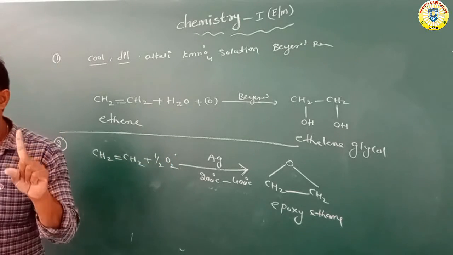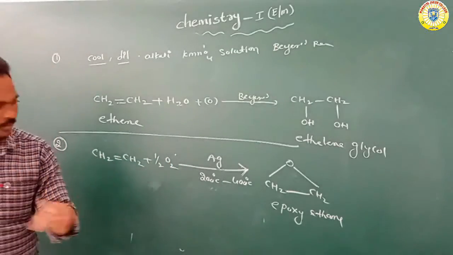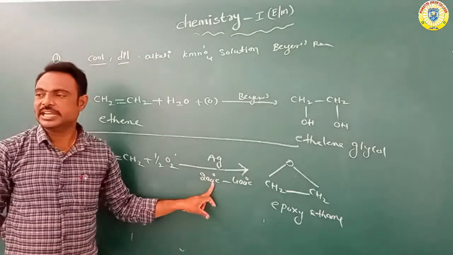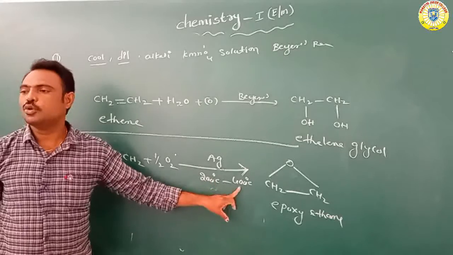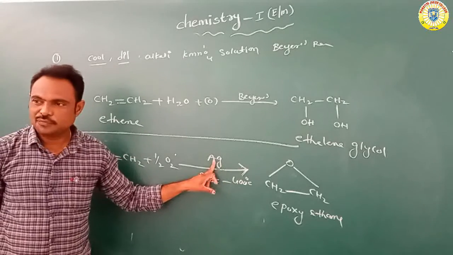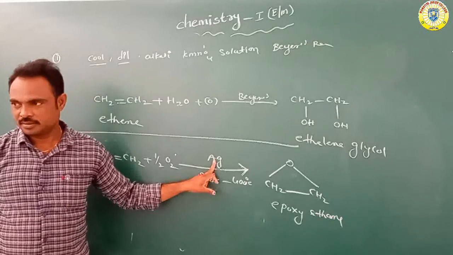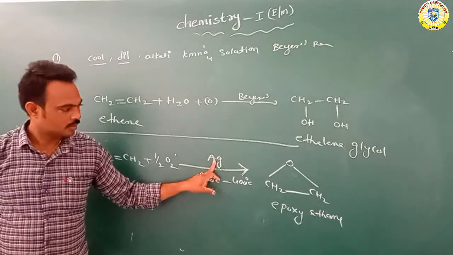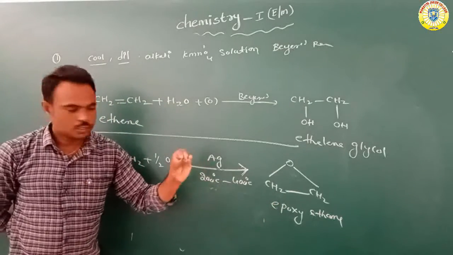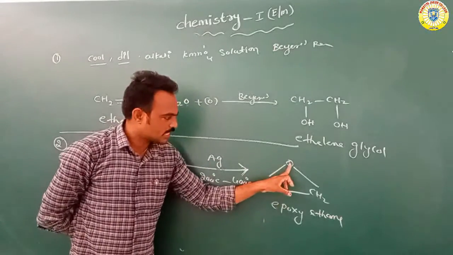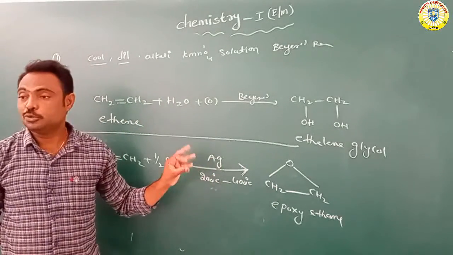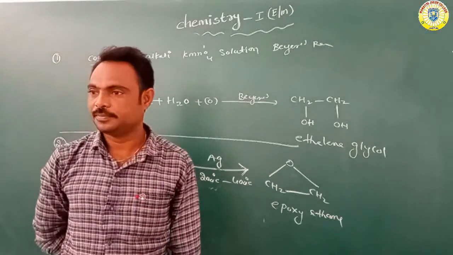Ethylene reacts with oxygen at 200 degrees centigrade to 400 degrees centigrade in the presence of silver to form epoxy ethane, with the oxygen attached. So silver is mainly used as a catalyst.